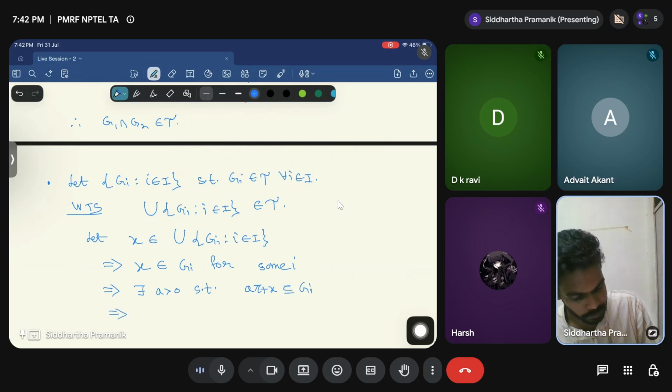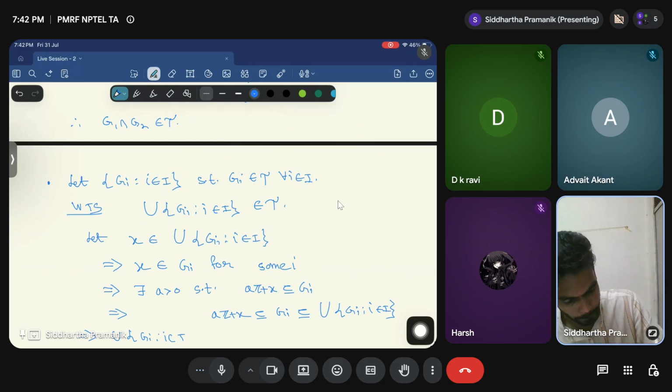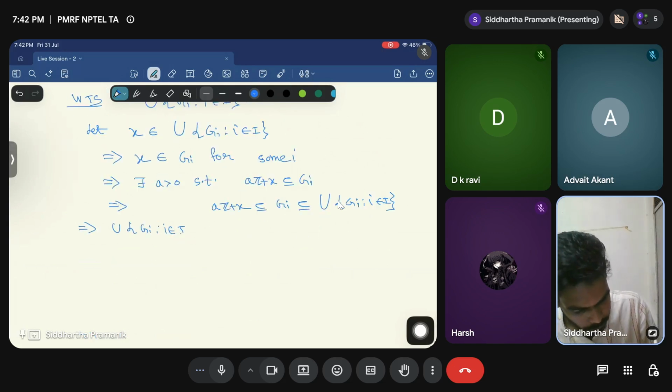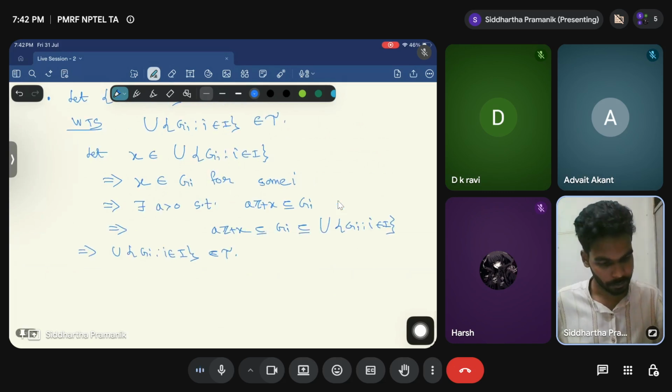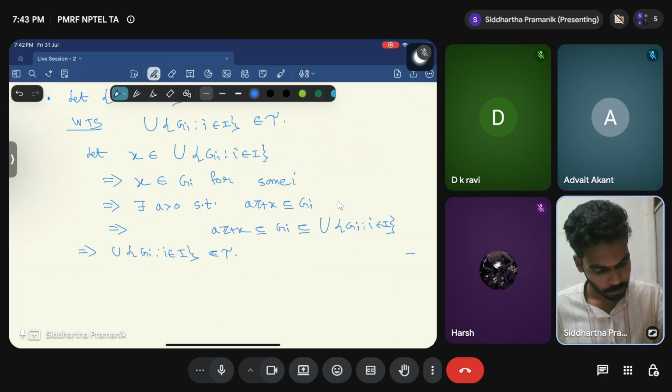So this aZ plus x is a subset of Gi, and this is a subset of the union. So this union has to be an element of tau. So this part is fairly easy. So tau is a topology on Z. So is the proof clear? Yes, sir.